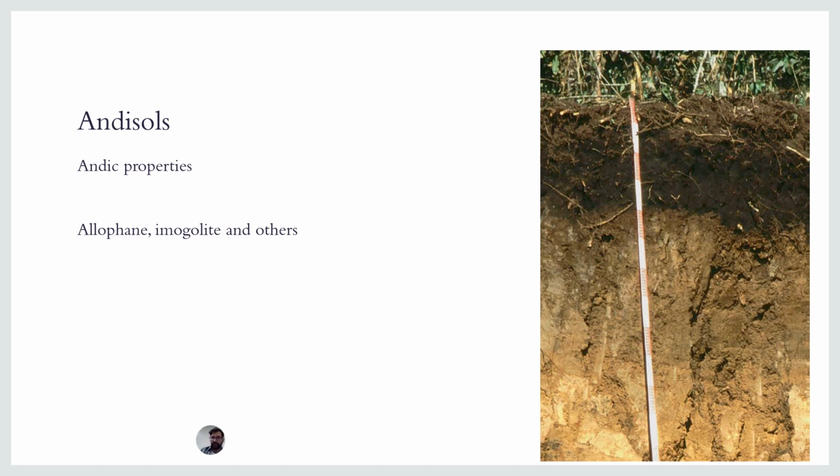If you remember, the andic properties are those properties that express low crystallinity minerals due to recent or modern volcanism. So allophane, imogolite, and other minerals could induce a high concentration of aluminum, silicon, iron, and other metals in soil solution.